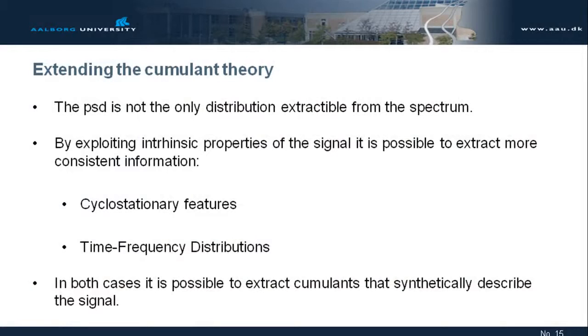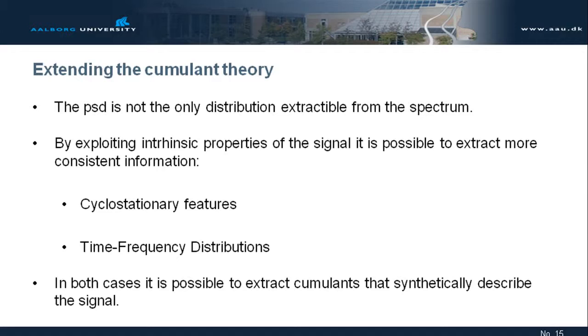So it's possible to extend this cumulant theory in two ways. If instead of considering just the spectrum domain, I consider jointly the time and frequency domain at the same time, and still using the cumulants. Usually it's used no more than the standard deviation or the average.